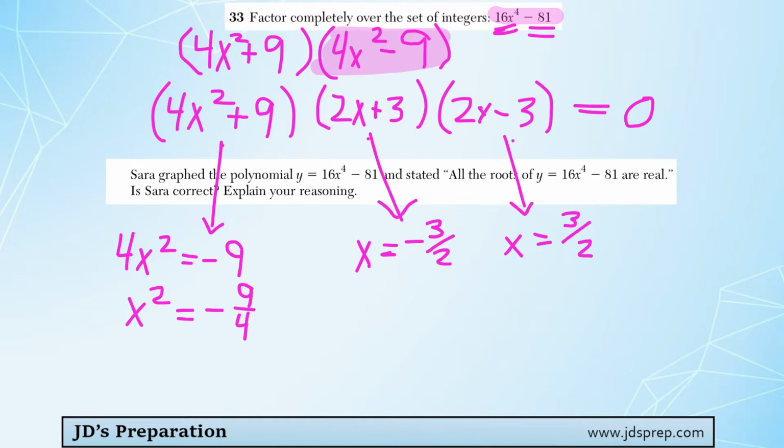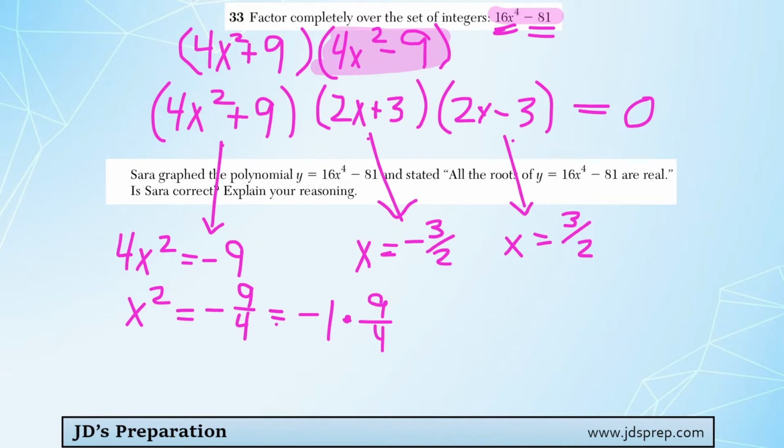And now we need to square root both sides to isolate x. But we need to square root a negative number here, which means we are indeed going to get an imaginary number. So how we can do this is we can think of negative 9 over 4 as the same thing as negative 1 multiplied by positive 9 over 4.